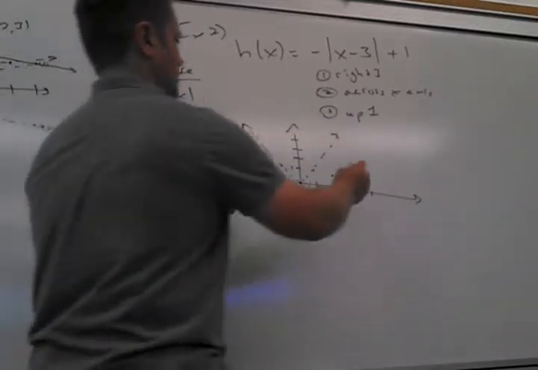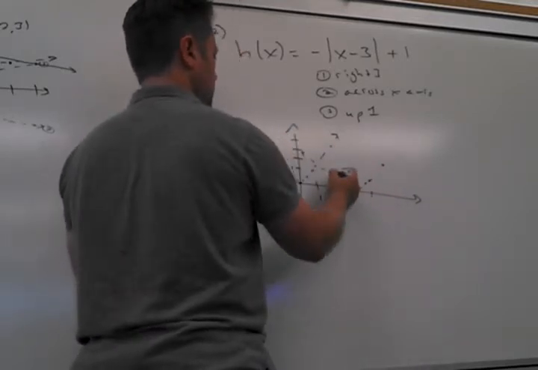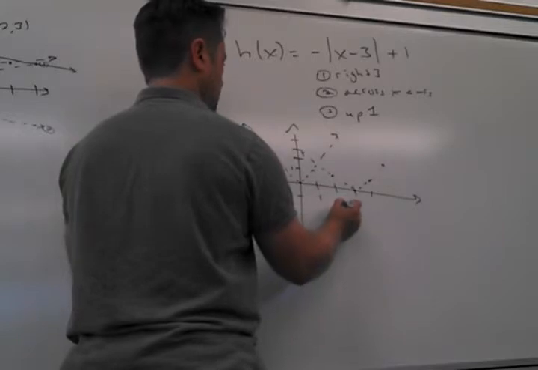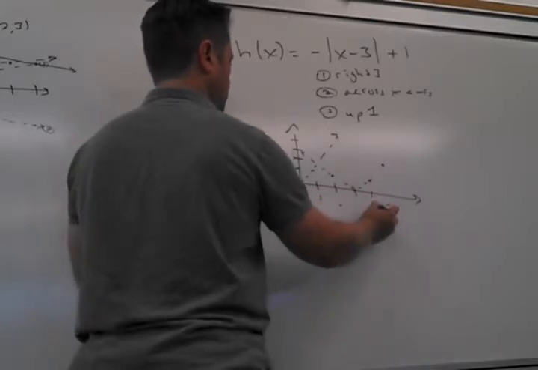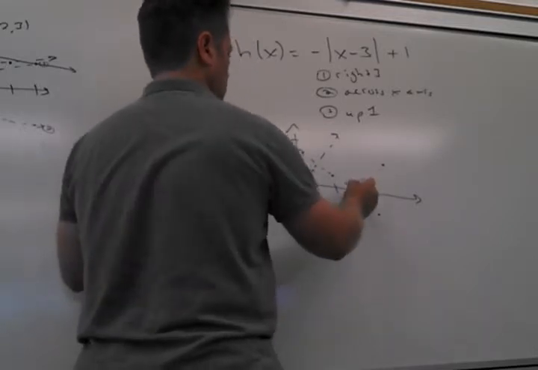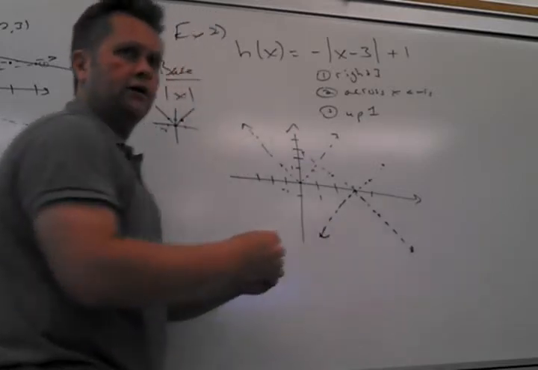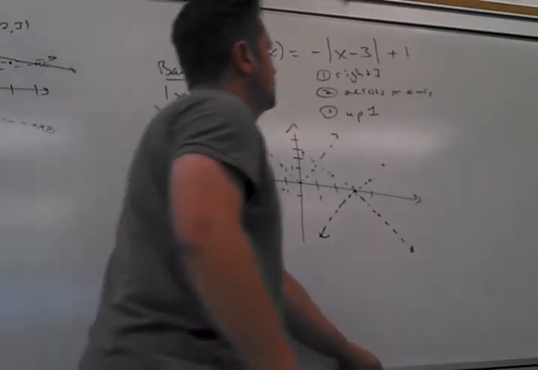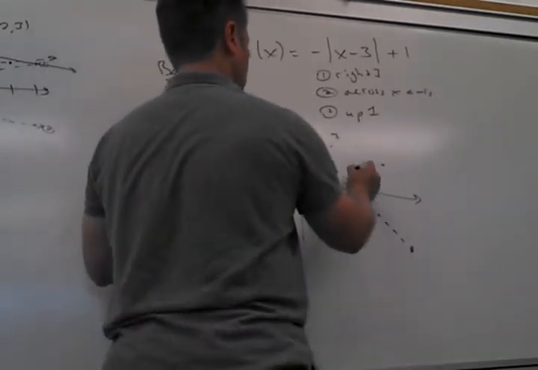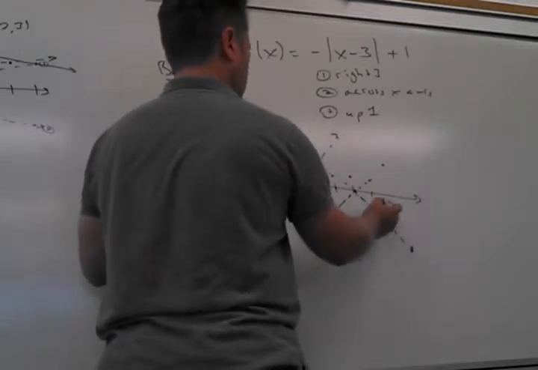Across the x-axis, right? So I'll just take this image and flip it down. That stays, that goes down. So now it's there. And the last thing I do, take it one up, so this will go here. This will go there, and this will go there.